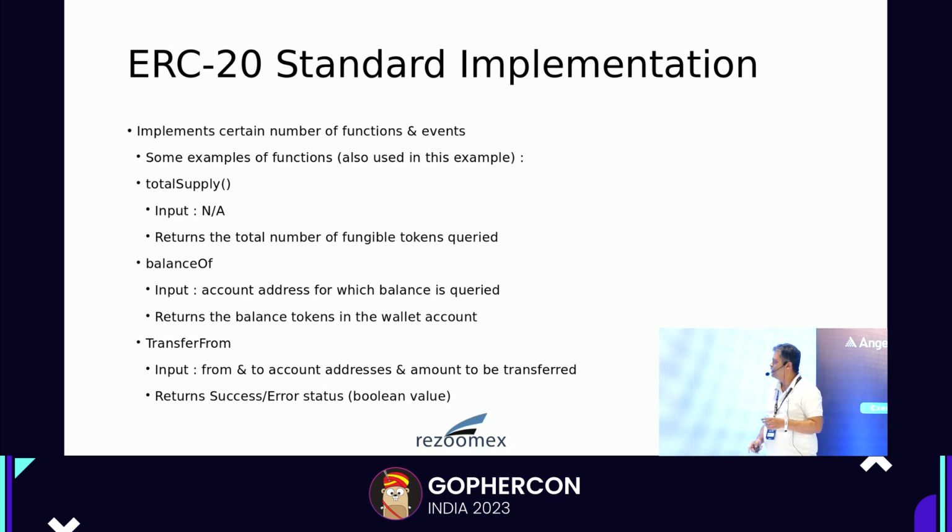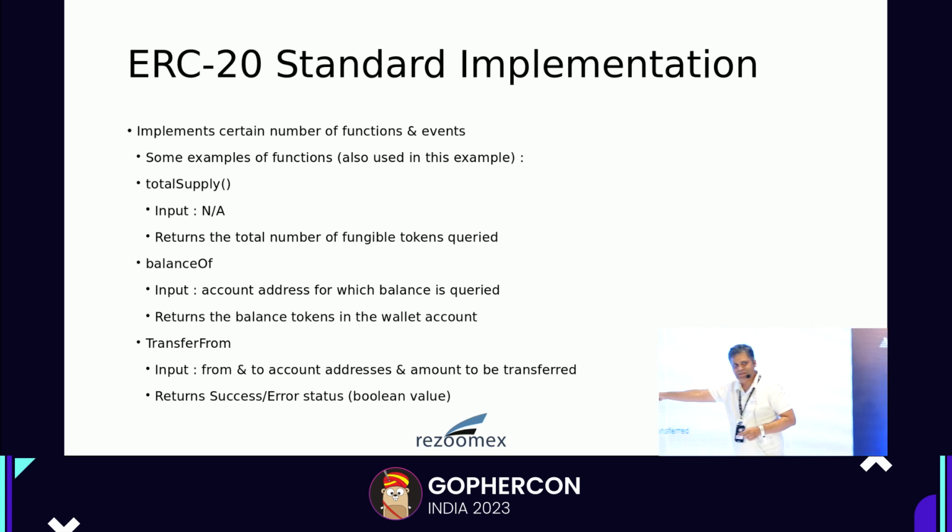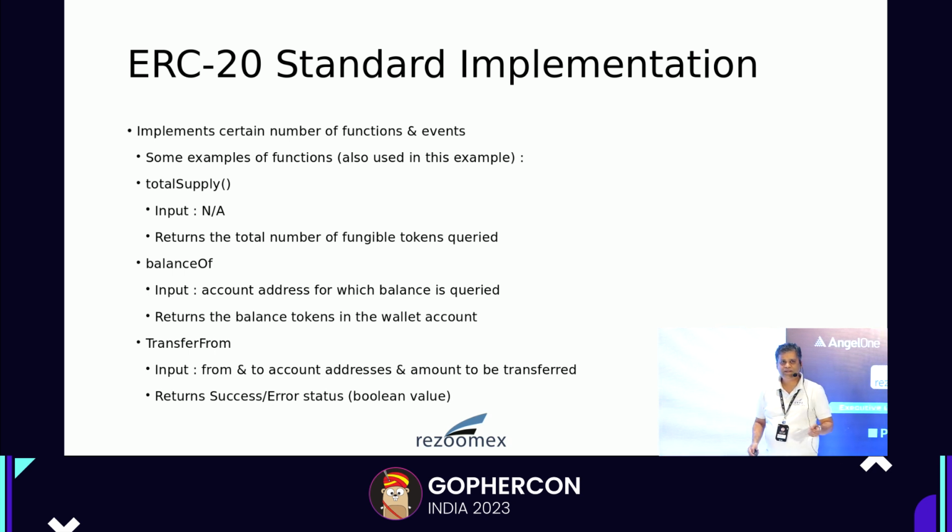Balance of is how many coins are present in a wallet. Transfer, where I'm transferring a coin from my wallet to somebody's wallet. I have to code using exactly these names. Then only any ERC20 compliant application will be able to understand them.